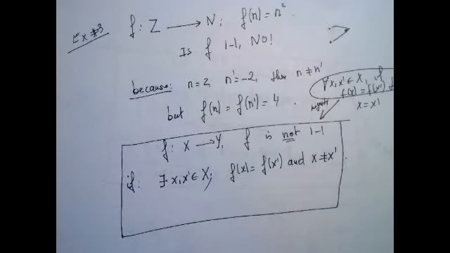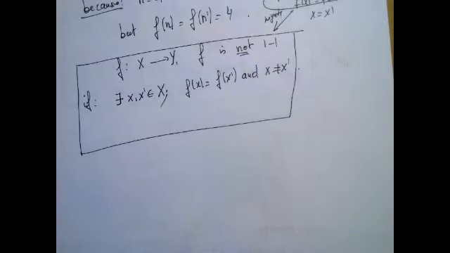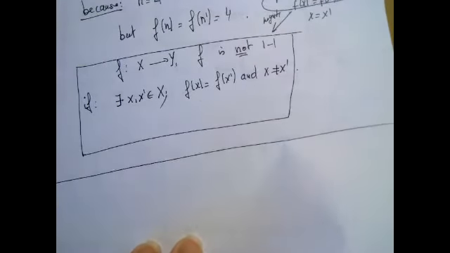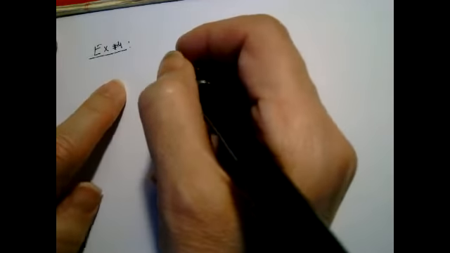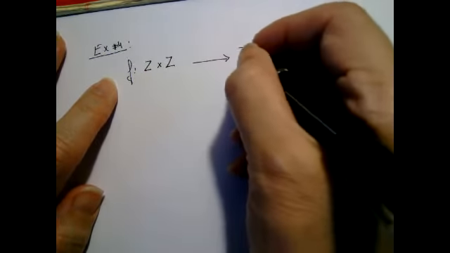Let's see one more example along the same line, where I'm going to ask questions that involve both one-to-one and onto. So my last example is like this. Example number 4. Let f be the following function. The input and the output.